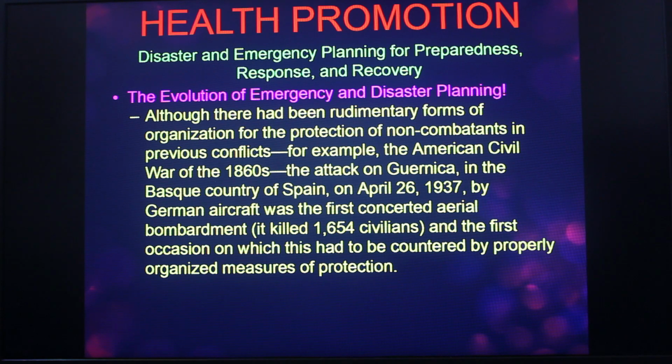Although there had been rudimentary forms of organization for the protection of non-combatants in previous conflicts, for example, the American Civil War of the 1860s, the attack on Guernica in the Basque country of Spain on April 26, 1937 by German aircraft was the first concerted aerial bombardment, and it killed 1,644 civilians, and the first occasion on which this had to be countered by properly organized measures of protection.